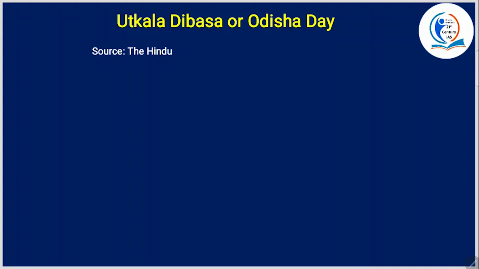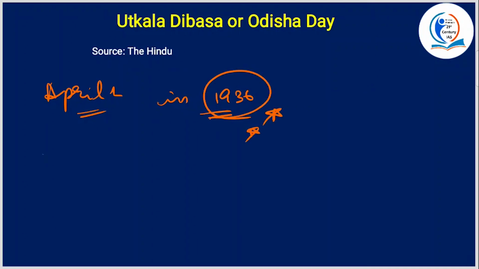A is the answer. Utkala Dibasa or Odisha Day. April 1st is celebrated as Odisha Day or Utkala Dibasa. On this day, in the year 1936, a separate Odisha state, Odisha was the previous name, now it is called Odisha.